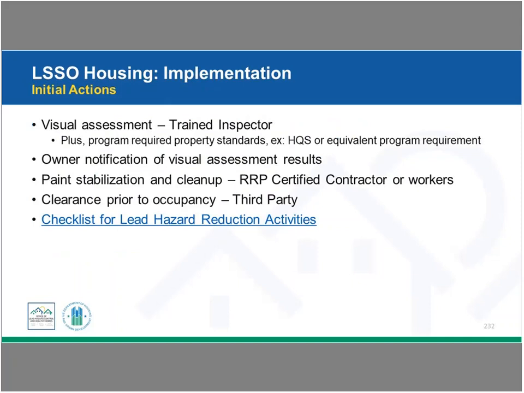So when we think about implementation steps on this, the key thing here is, again, we're going to have a visual assessment requirement, so we need to make sure that we have appropriately trained staff.